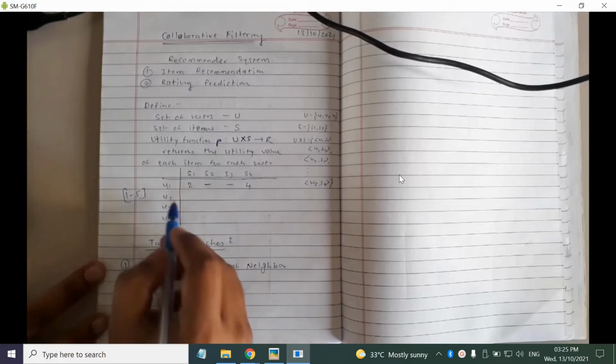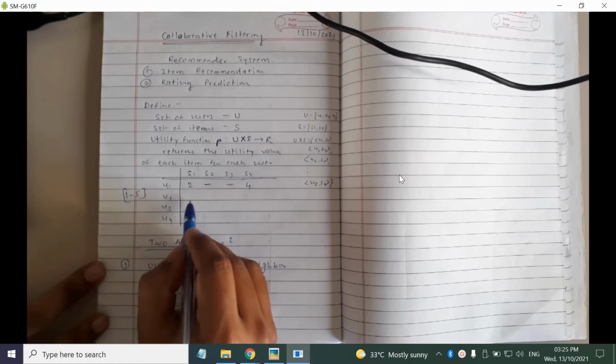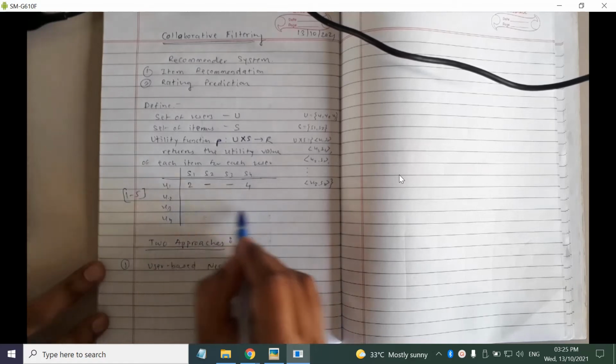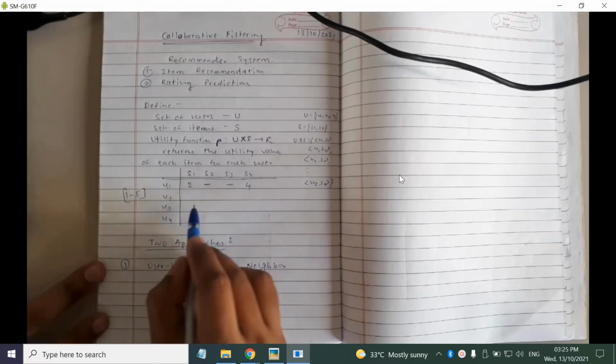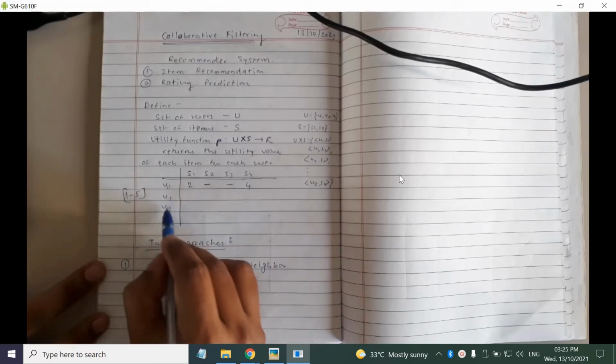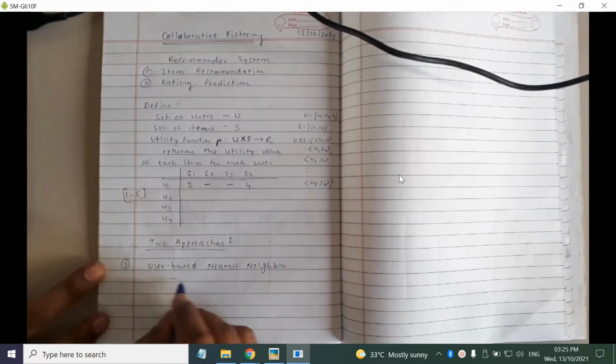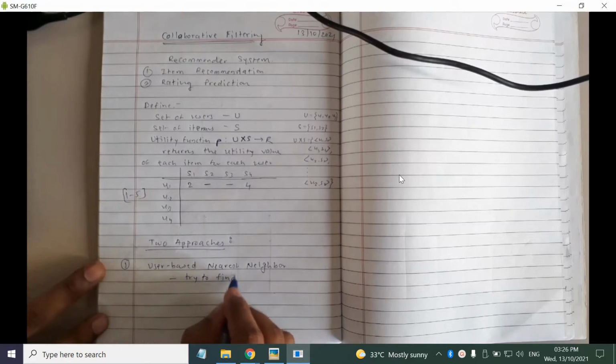If u2 and u3 have the same likings, then their rows will be correlated, their values in these rows will be similar. So here you try to find similar users.